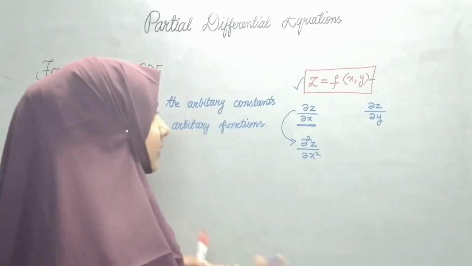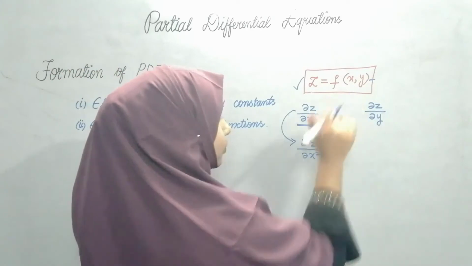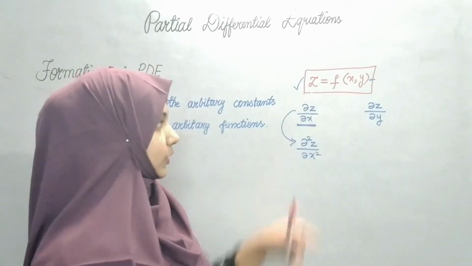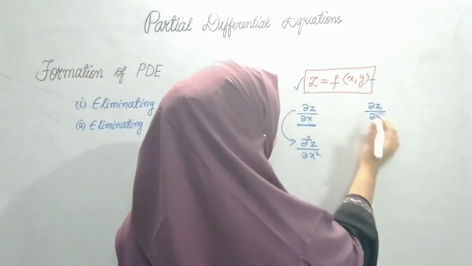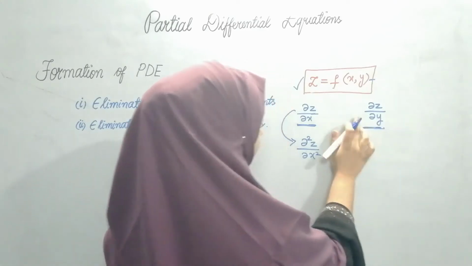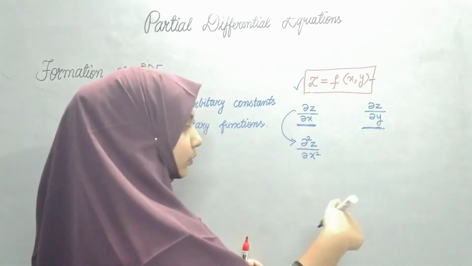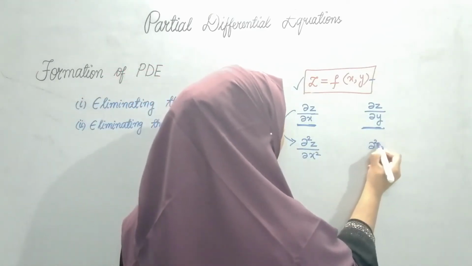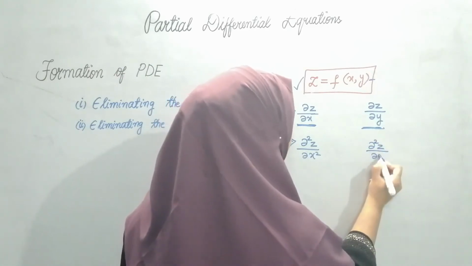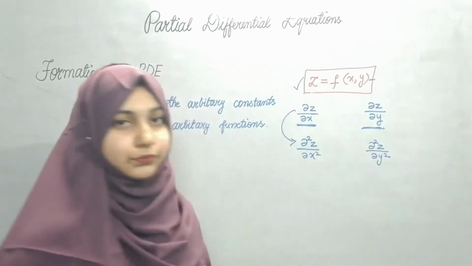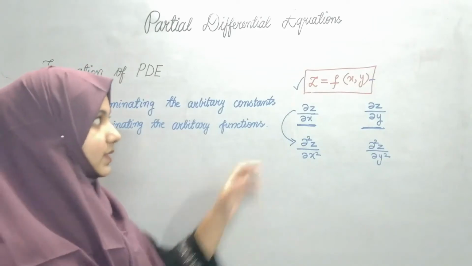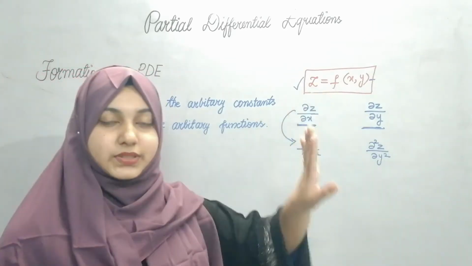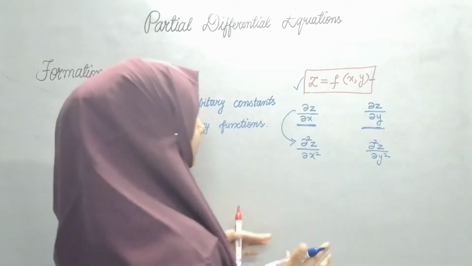Similarly, if I differentiate with respect to y two times, once I get dou z by dou y, and if I do it twice I get dou square z by dou y square. Suppose I differentiate this equation with respect to x and y both together.